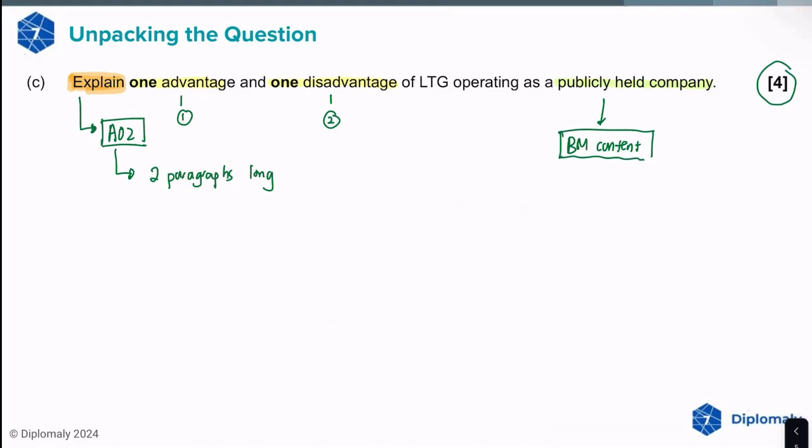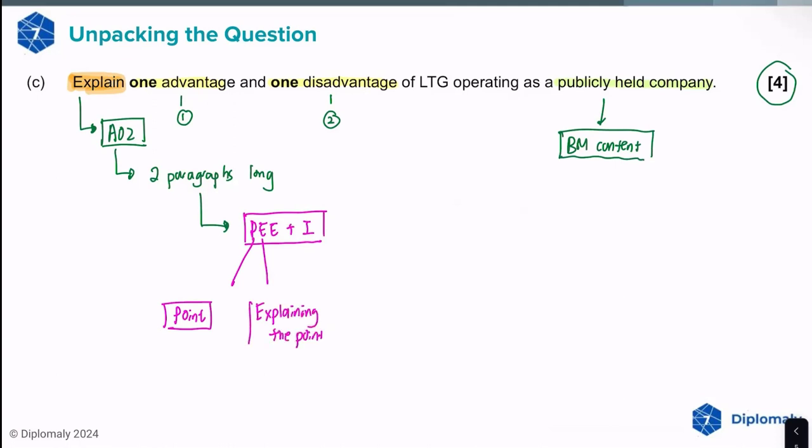For a 4-mark response, remember, each paragraph should take on the PEE plus I structure. P represents the point, and in this case, this is the advantage or the disadvantage point. E is explaining the point. This explanation could be in a very theoretical sense, meaning textbook style, in 1 sentence.